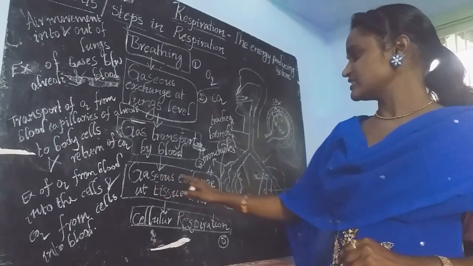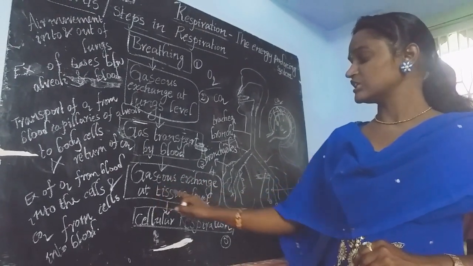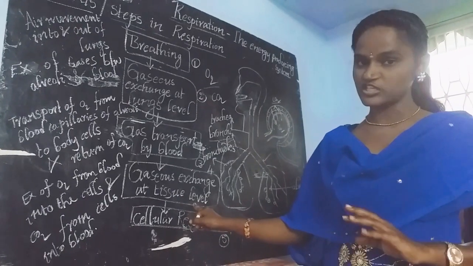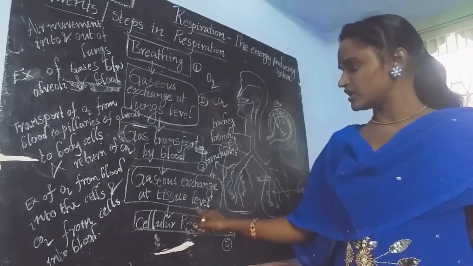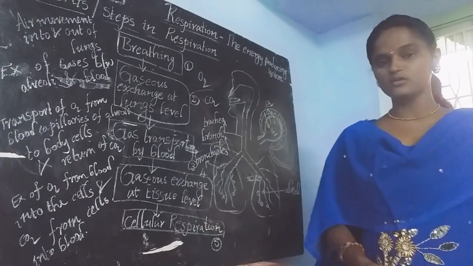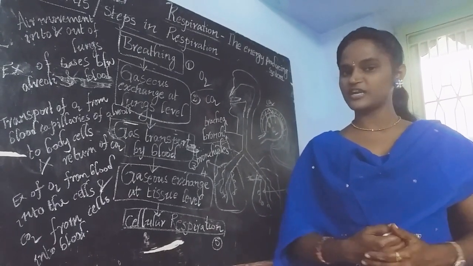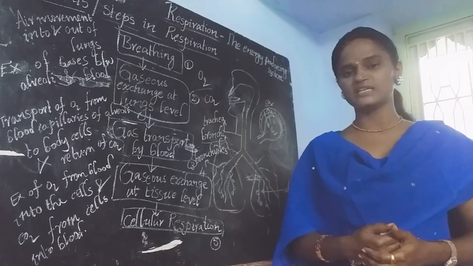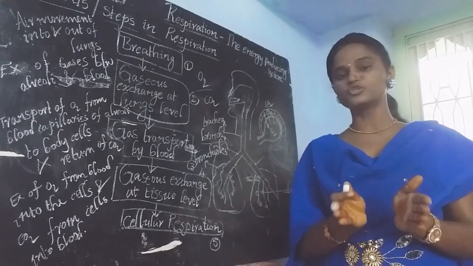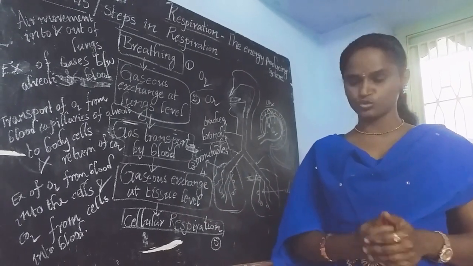What is this? Gaseous exchange at tissue level. Okay, what is meant by a tissue? A group of cells is called a tissue. Our body is made up of many millions of cells, and these cells are grouped to form different varieties of tissue.